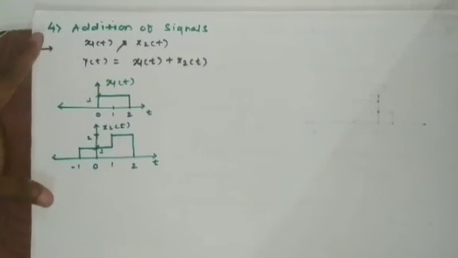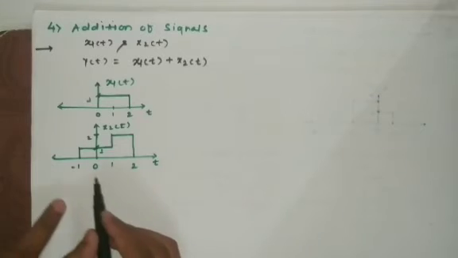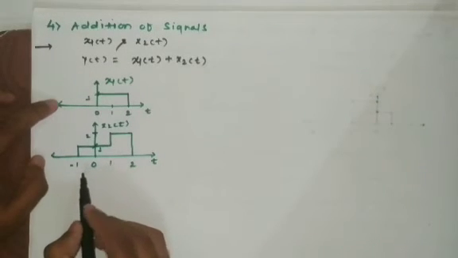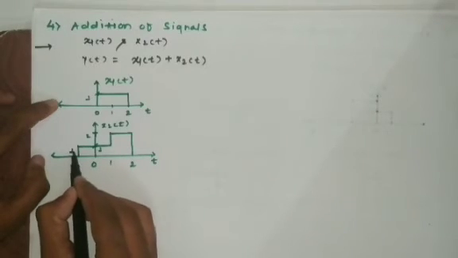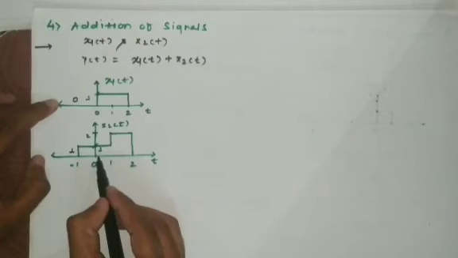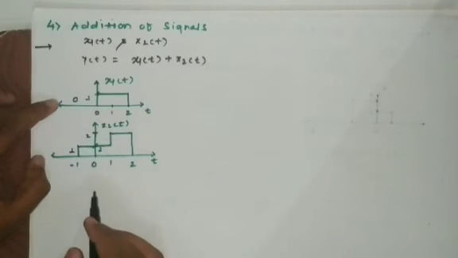Now let us add these terms. Whenever we are adding 2 or multiple signals, always start from the minimum location values. If I compare both signals, it starts from minus 1 to 0. In the range minus 1 to 0, we have an amplitude of 1 here, and here it is 0. So 0 plus 1 is going to be 1.